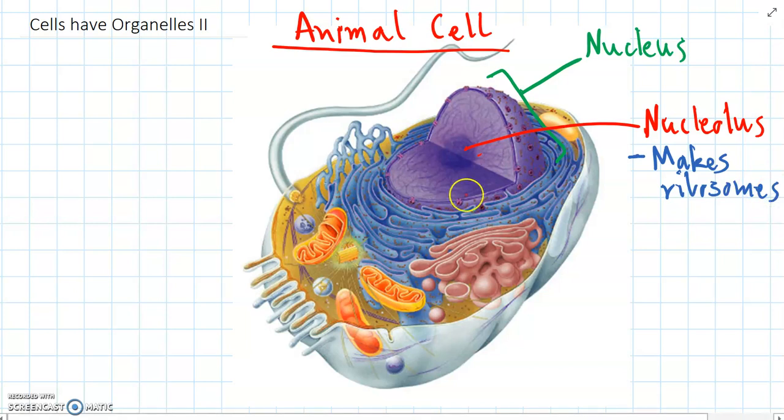And there are tiny pores or holes in the nucleus where chemicals and molecules can move out, and they're called nucleopores.